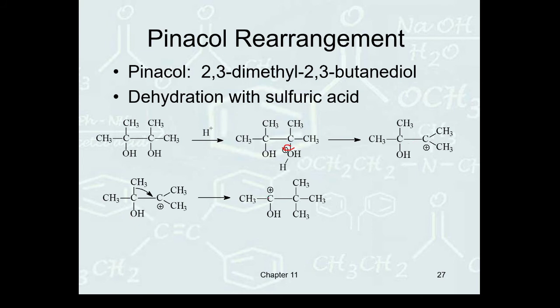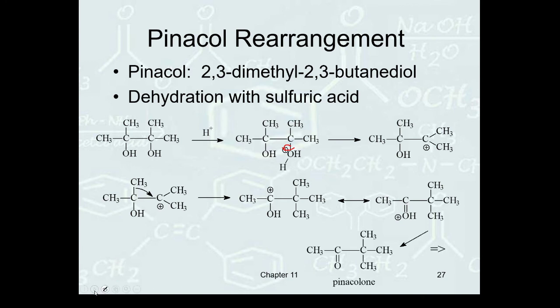This is something that specifically happens with Pinacol, or a diol that's similar to it. And we create something that looks like this, actually. The CH3 moves over here where the positive is, and we create a double-bonded O. It's just something interesting that could occur.